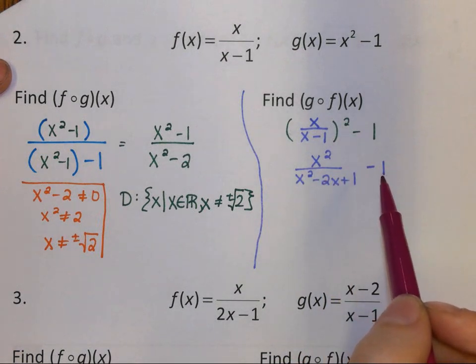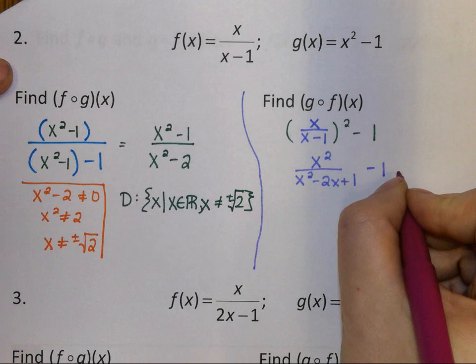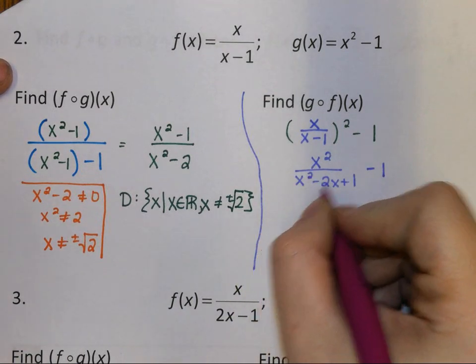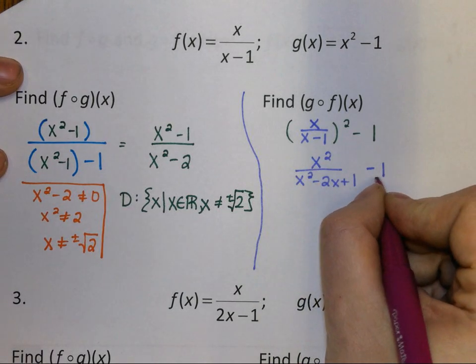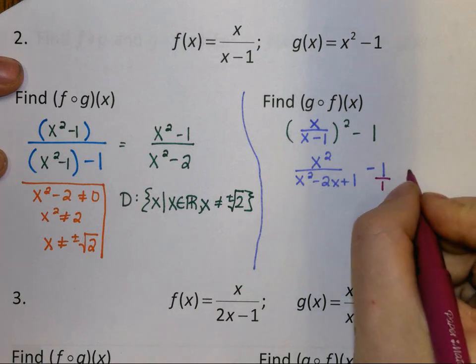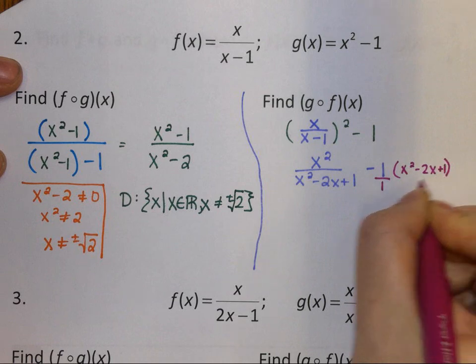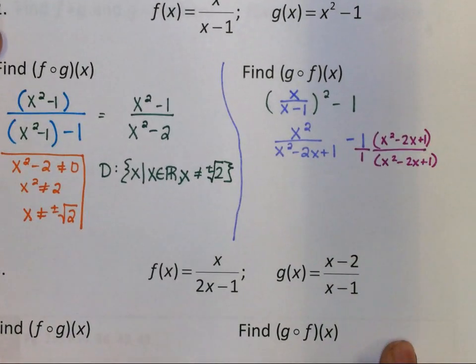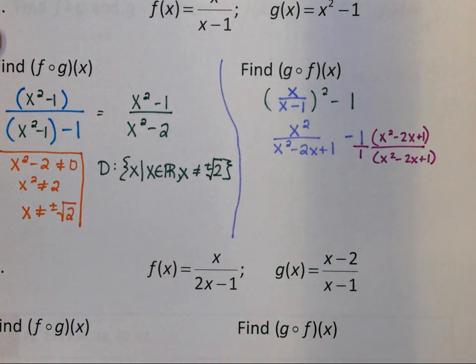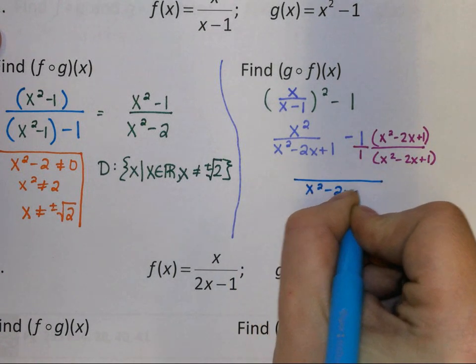Should we factor to make it easier? Well, I would say yes if I thought something was going to cancel out or if I had a complicated thing to worry about. But I'm not going to factor here because the common denominator is just going to be that stuff. And please remember, guys, any integer is a number over 1, and to find a common denominator, we multiply the top and bottom by whatever is needed. So I'm now going to have the common denominator of x squared minus 2x plus 1.